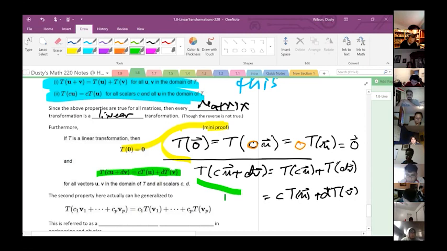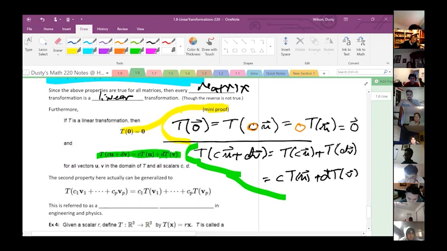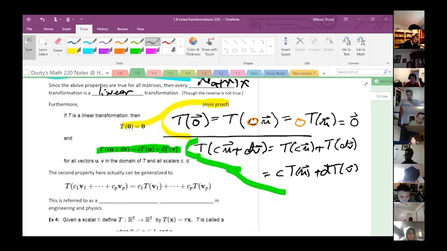This second property can actually be generalized to T of C1V1 plus ... plus CPVP equals C1 T of V1 plus ... plus CP T of VP. This is referred to as the superposition principle.